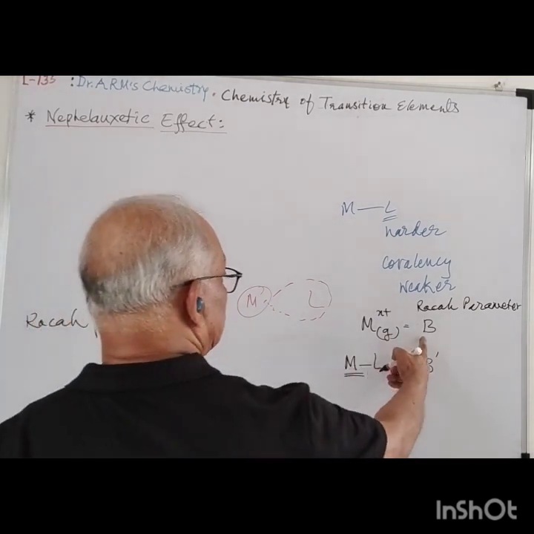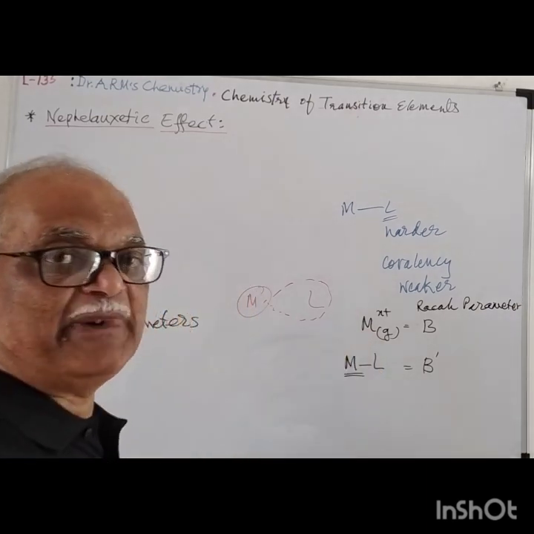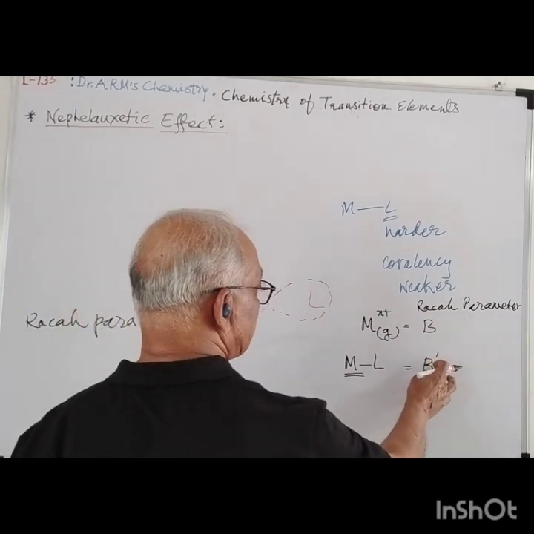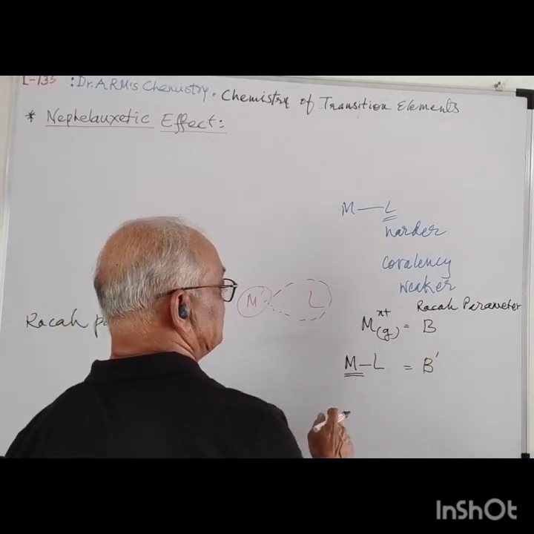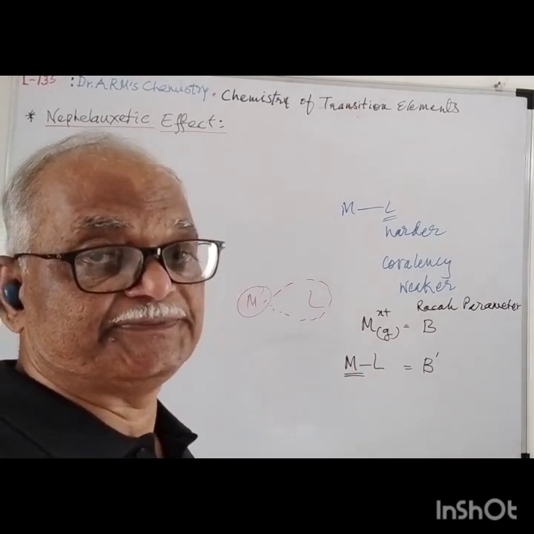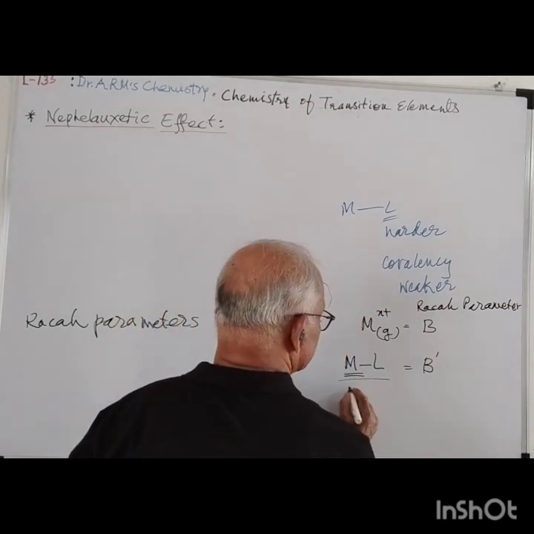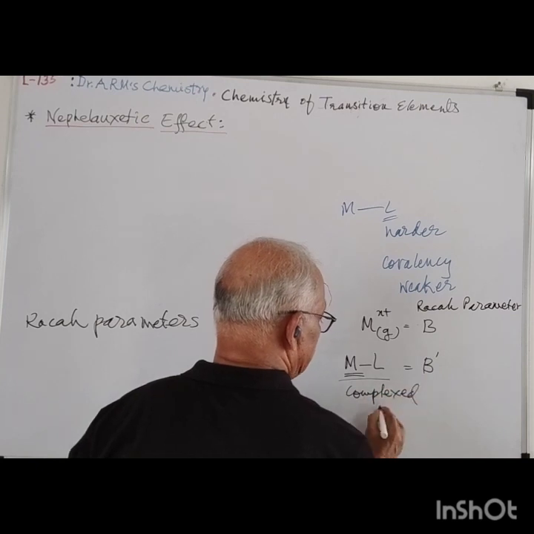So B is the Racah parameter for the metal ion in the gaseous state, while B prime is the Racah parameter for the metal ion in the complex state, that is, for the complex ion.